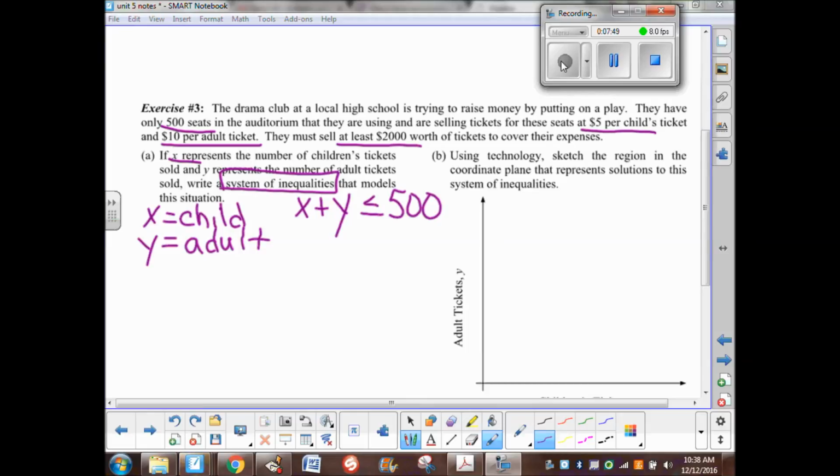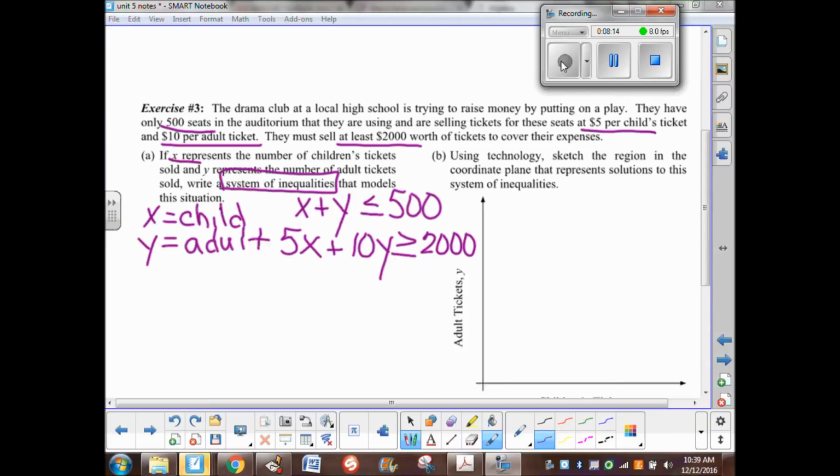And then it says to cover their expenses, we must sell at least $2,000 worth of tickets. So we know that the child's tickets are $5 plus the adult tickets are $10, and we want to make at least, so equal to or greater than, $2,000. So that's my system.